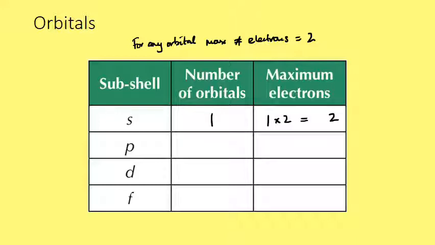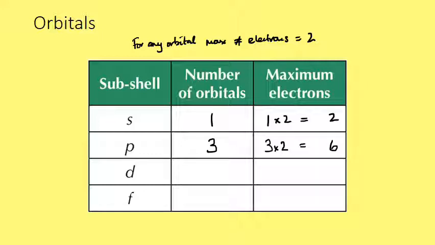Now, the p orbitals, I've already given the game away, it's more than 1 when I said p orbitals. There are actually 3 p orbitals, but each orbital still only has 2 electrons in it. There are 2 electrons in each orbital, and so in the p orbitals we can have 6 electrons.